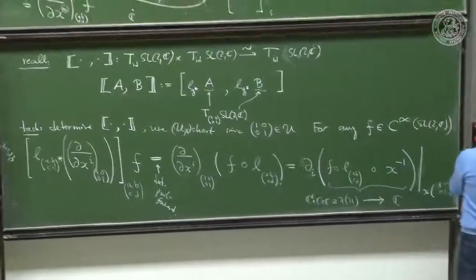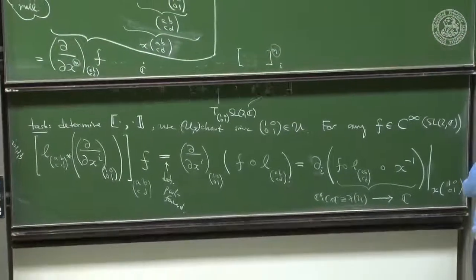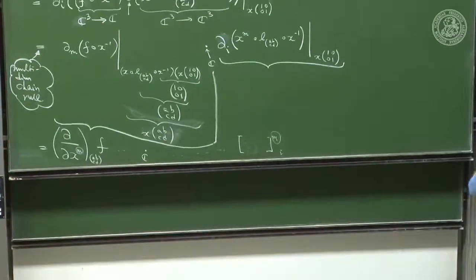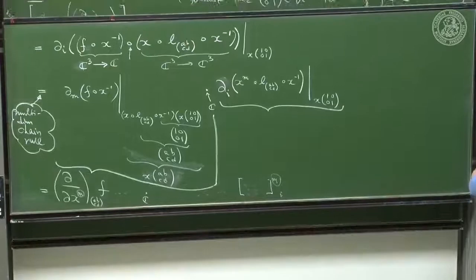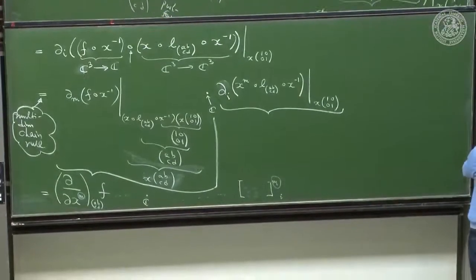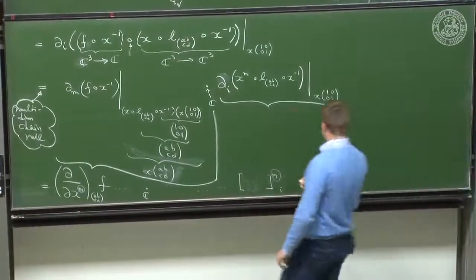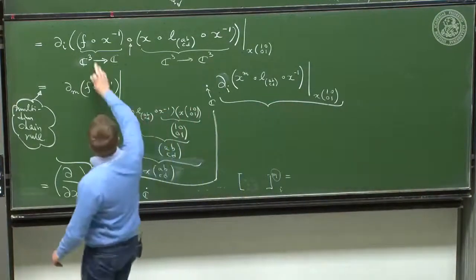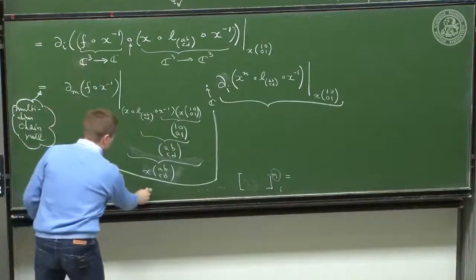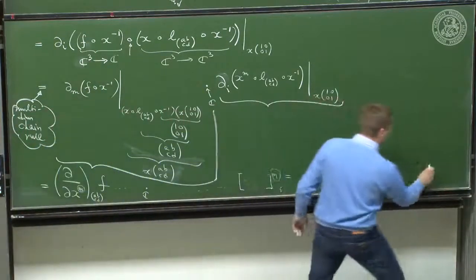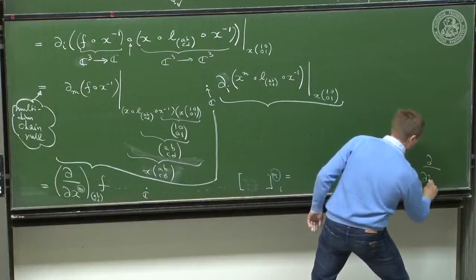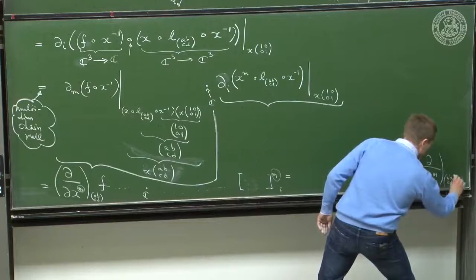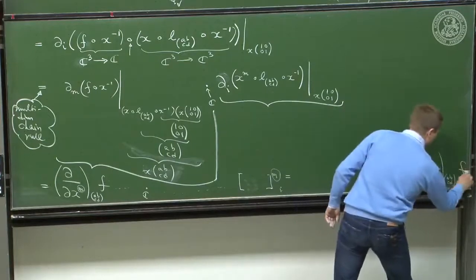So now let me take this down here again. It's much easier to write down our final result of this calculation. I acted on this f, and now because this is a complex multiplication, I can write d by dxm at the point a, b, c, d of SL2C acting on an f.